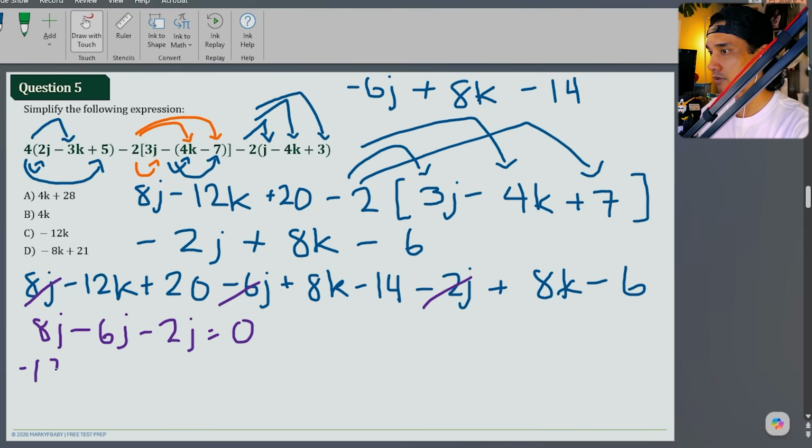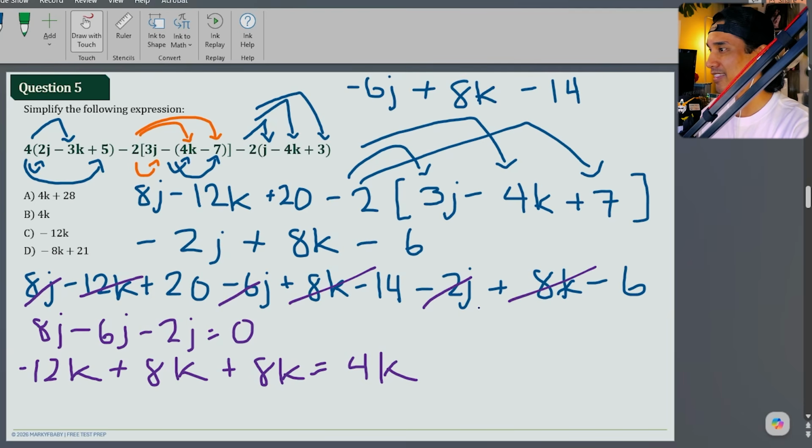Negative 12k, and then I have plus 8k and another plus 8k. That's going to leave me with what is 8k plus 8k? That is 16k, combined with negative 12k, that equals positive 4k. Yes, like the song.